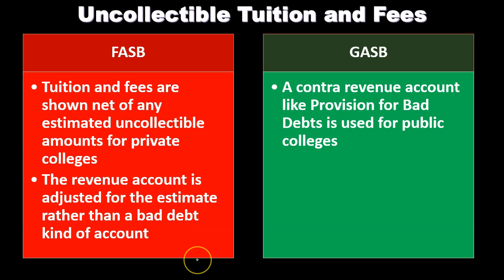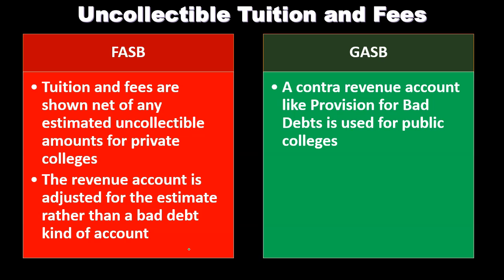The revenue account is adjusted for the estimate rather than a bad debt kind of account. So you'll note in a for-profit type of organization, when we use the allowance method, we typically have a kind of contra revenue account, which is a bad debt account. The concept here would be revenue is going up, we recorded revenue, but we don't think we're going to collect on some of it. Therefore, we're going to reduce, in essence, the revenue that was recorded, because if we're not going to collect on it, it wasn't really revenue.